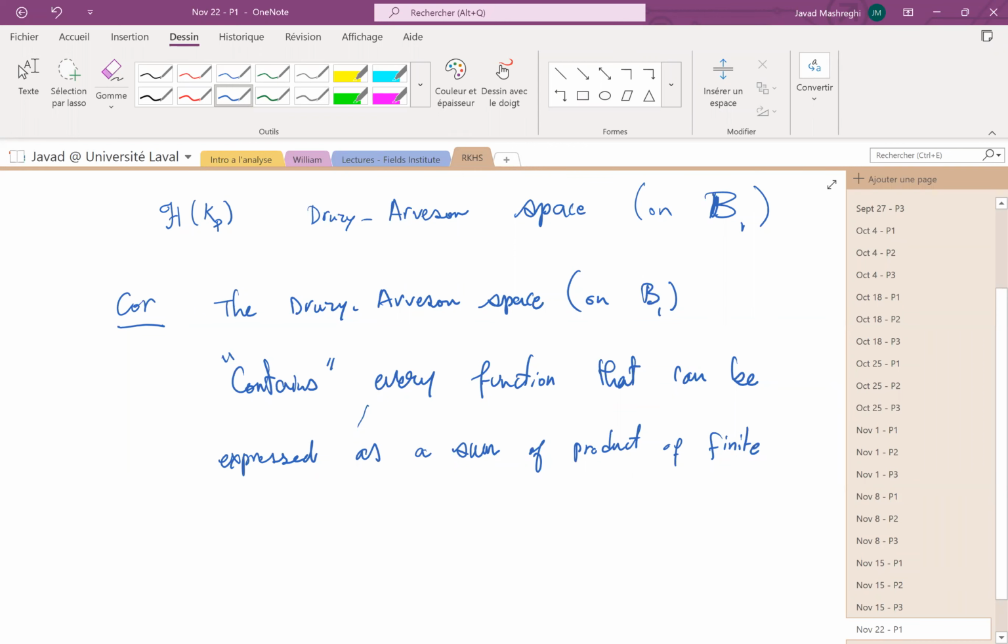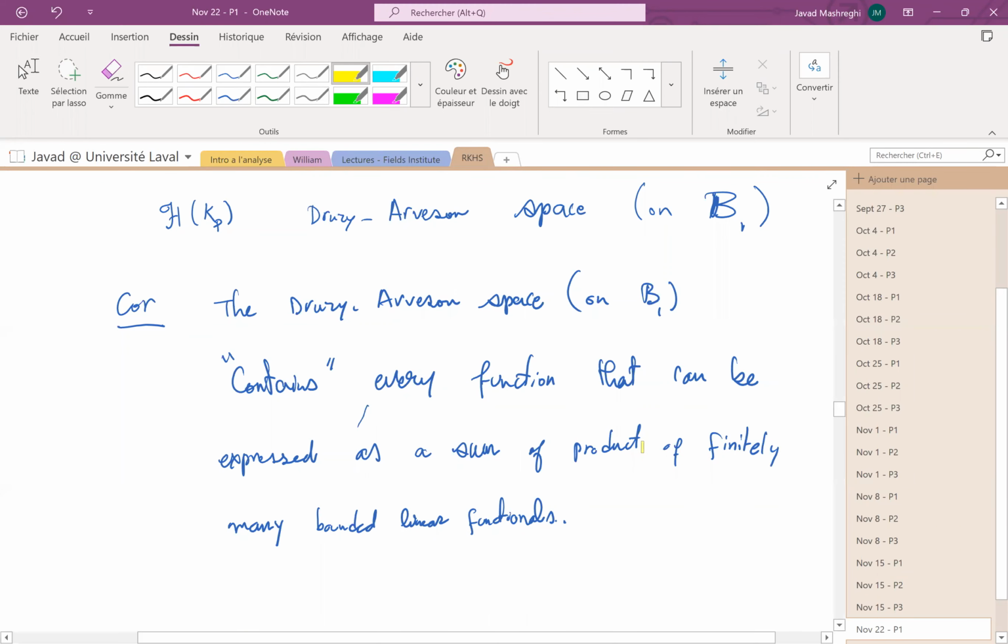So finitely many bounded linear functionals. The product doesn't matter how many, but finitely many functionals, and of course we can sum them up.